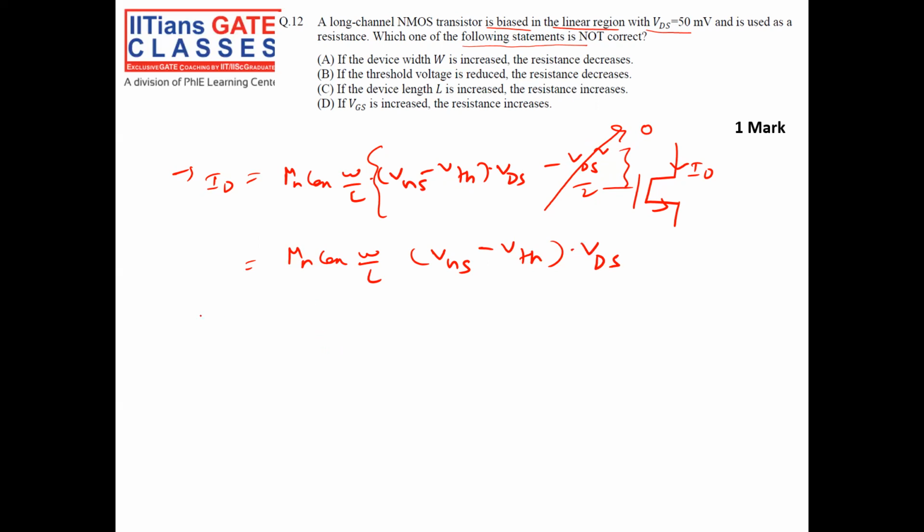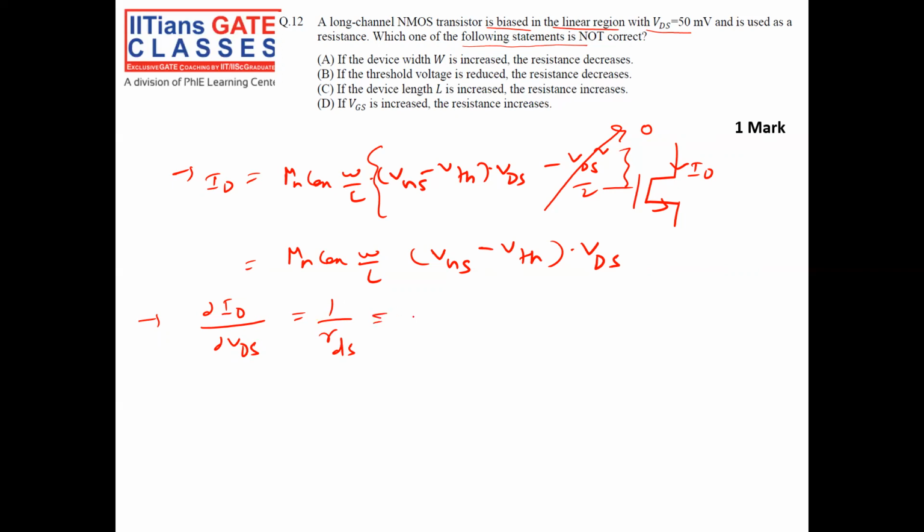So what is the resistance offered? For that, you have to take the derivative of the drain current with respect to VDS, which gives 1 by the resistance offered by the drain to source, because dID by dVDS is 1 by resistance.